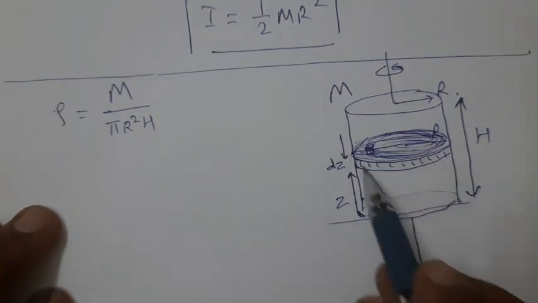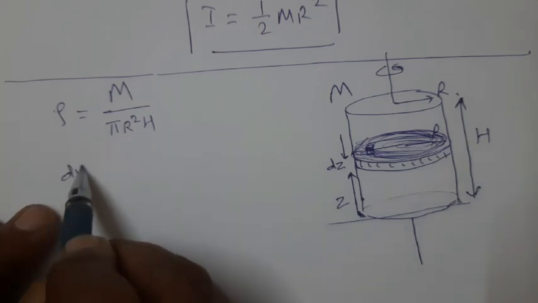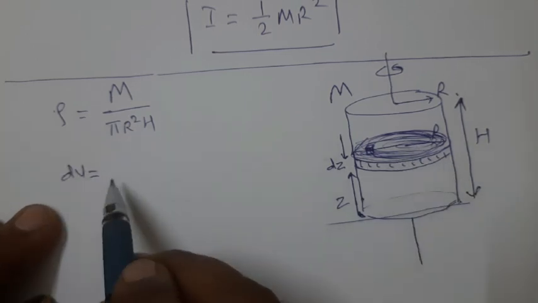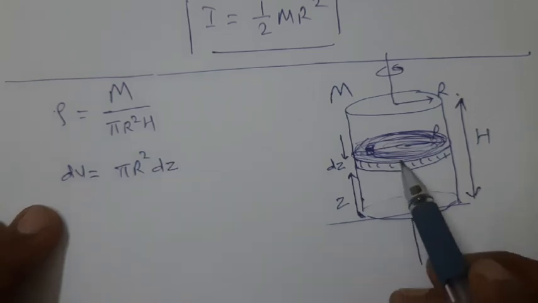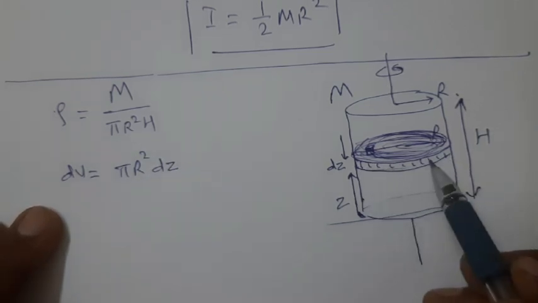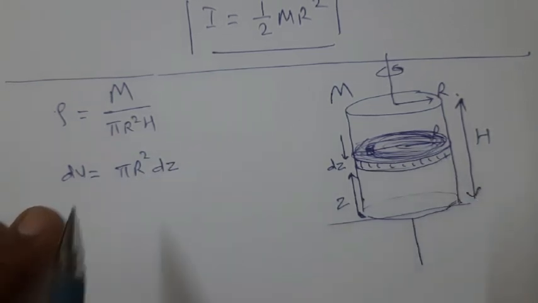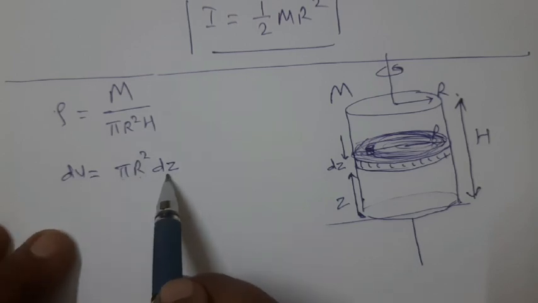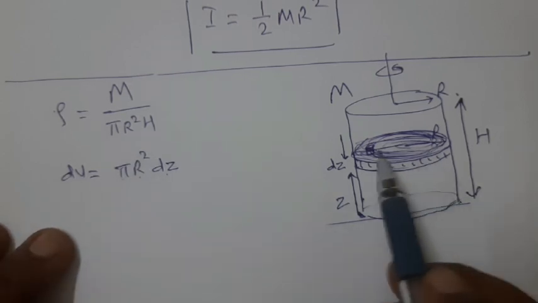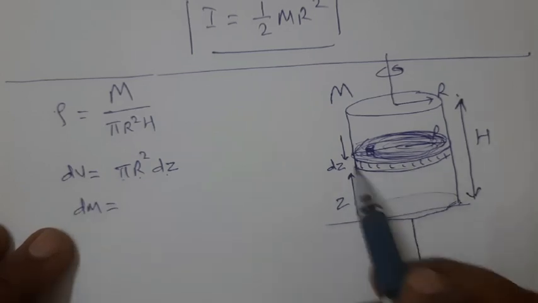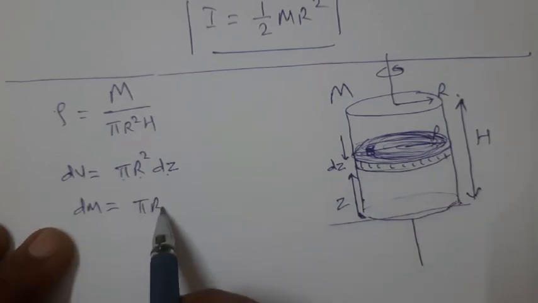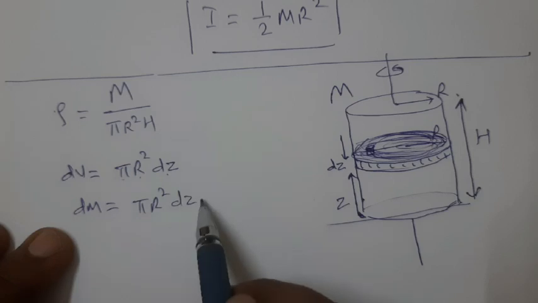Now, what is the volume of this disk? The small volume of this disk is pi r square dz. Check. The area of base is pi r square and dz is the height. Therefore, pi r square dz is the volume of one such disk. And therefore, the mass of one such disk is volume into the density.